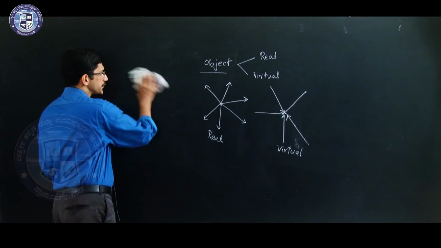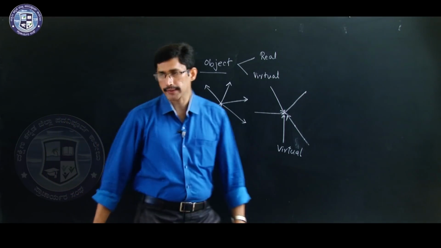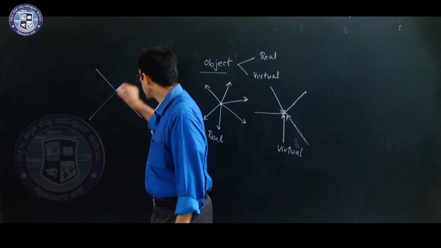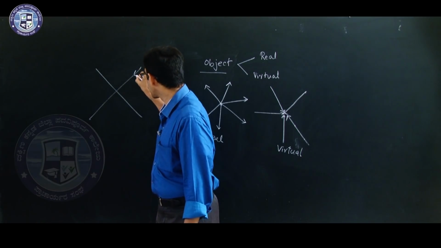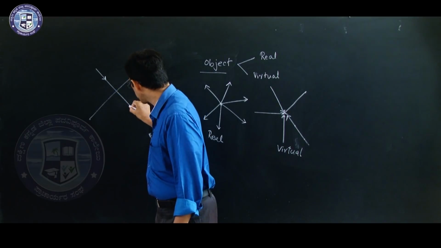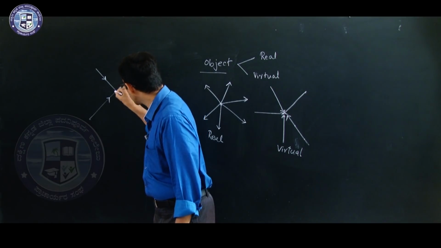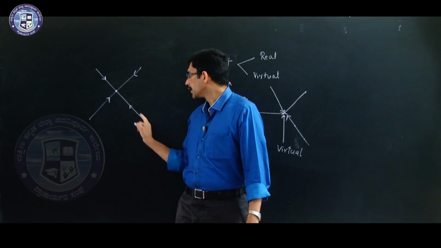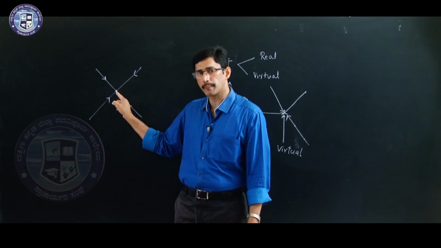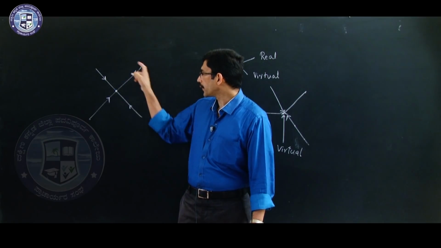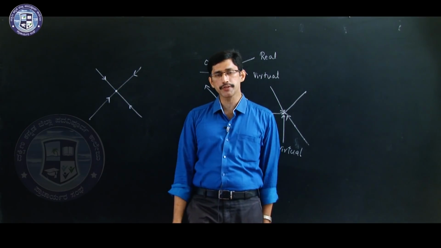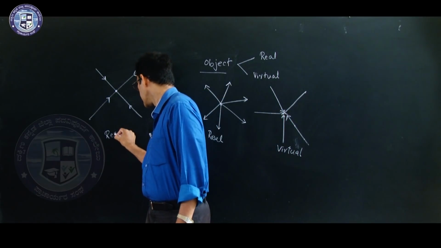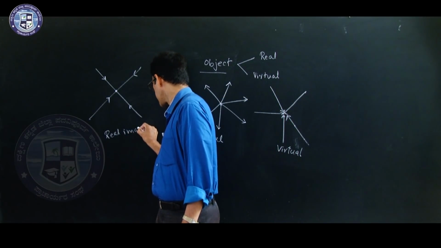Similarly, when we consider the image, the rays undergo reflection or refraction, and after undergoing reflection or refraction, if these rays meet at a point, if you see this point, these 4 rays are meeting at a point, and when these rays meet at a particular point, they form the image, and the so formed image is said to be the real image.